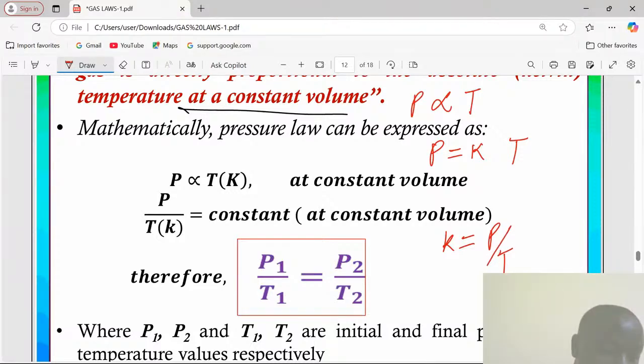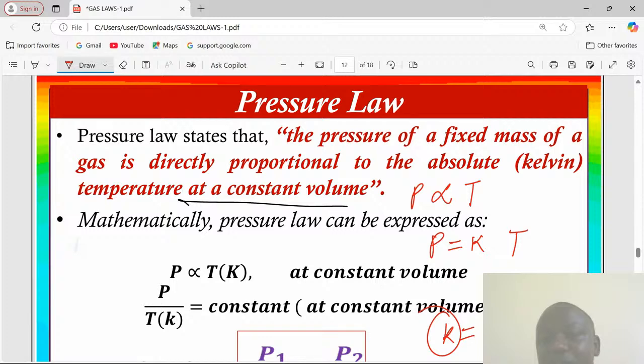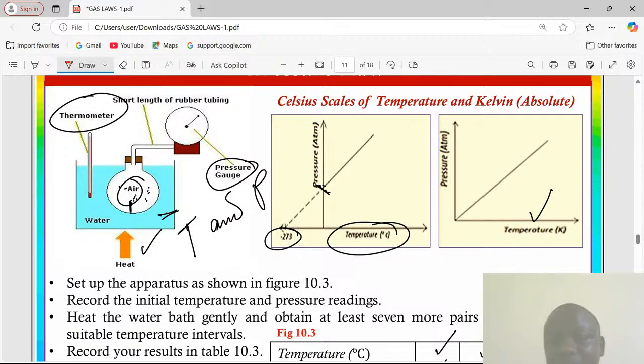It's good for you to know that in case you take a new value of temperature, which will lead to a new value of pressure, and we take the ratio, we will get the same constant. So the constant is sustained, and that is why we have a straight line.